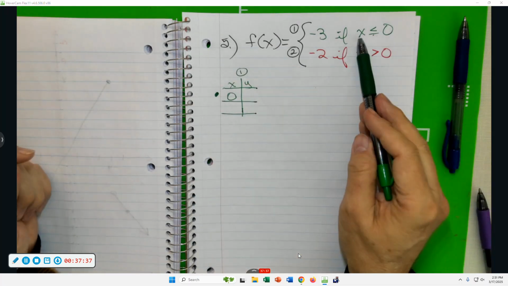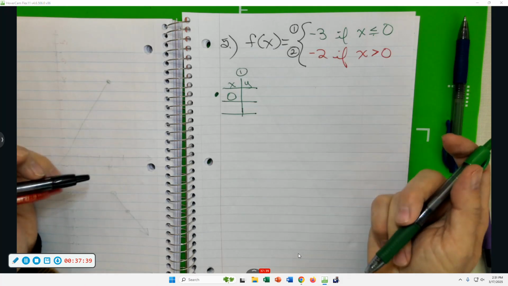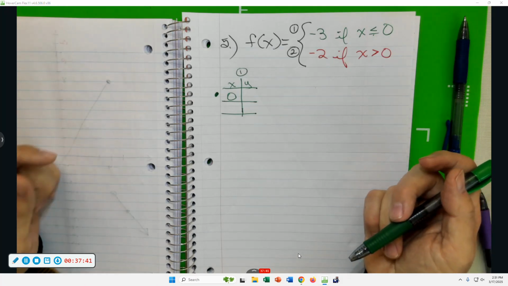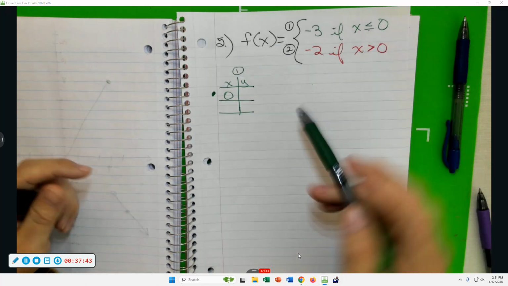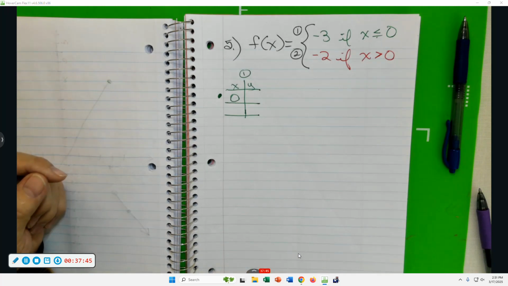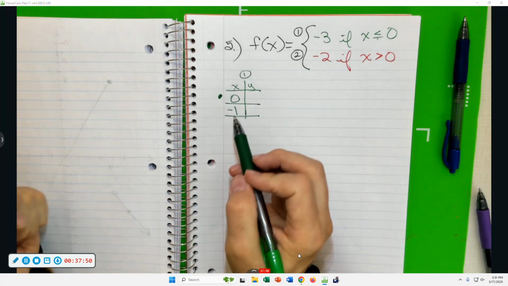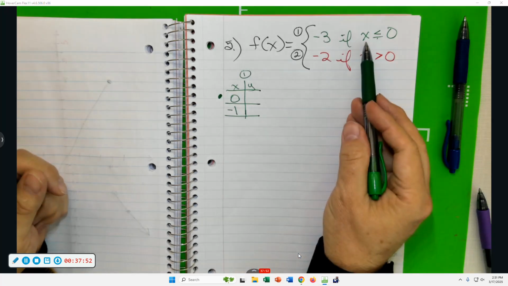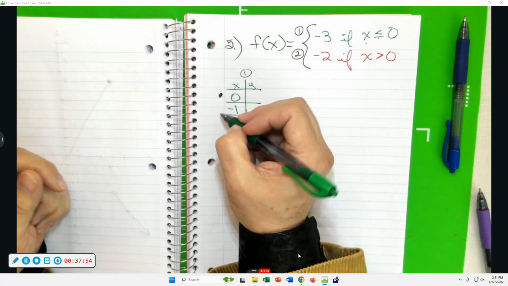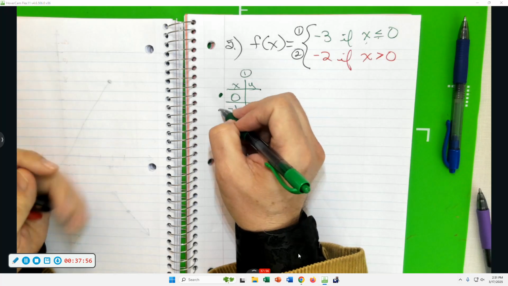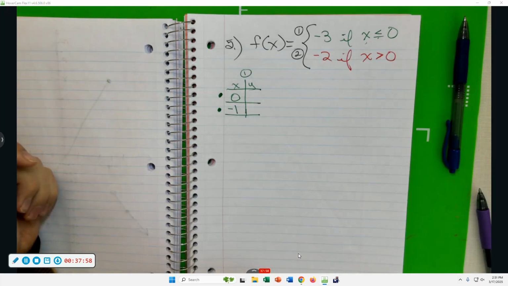Now choose a number that's smaller than 0. Could I use 5? No, I have to use a number that's smaller than 0. What do you want to use? -1. Now, the numbers you choose on your own must satisfy the inequality, so there's no question open or closed. It's automatically closed.